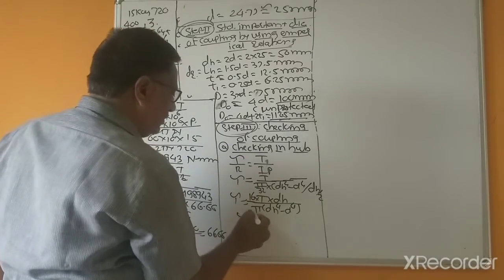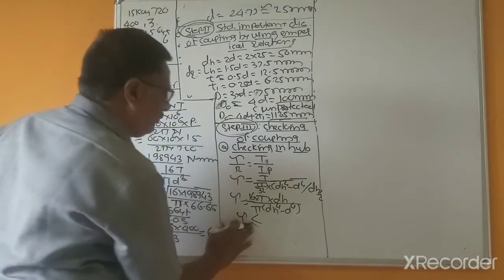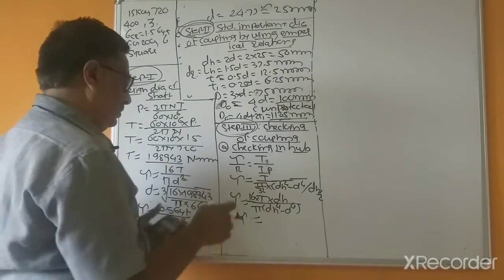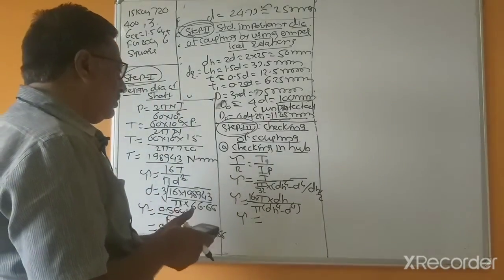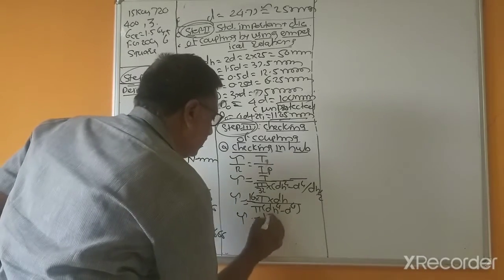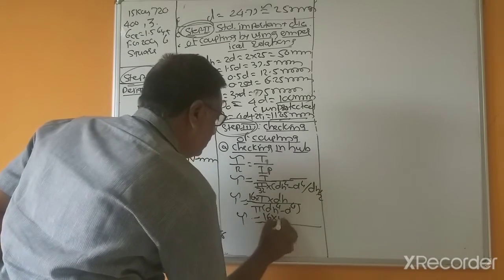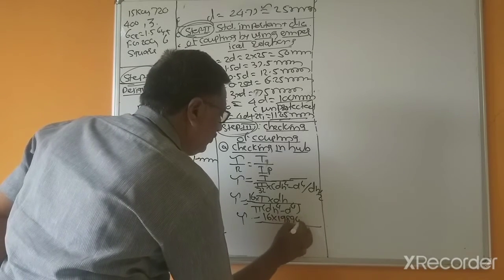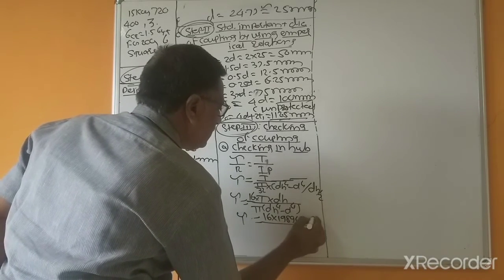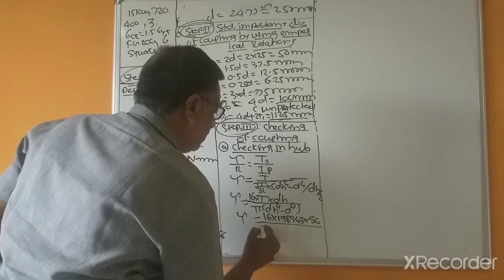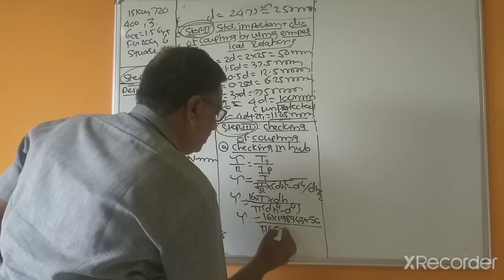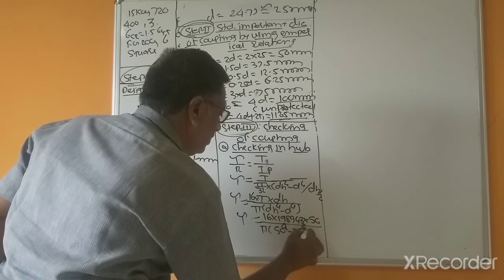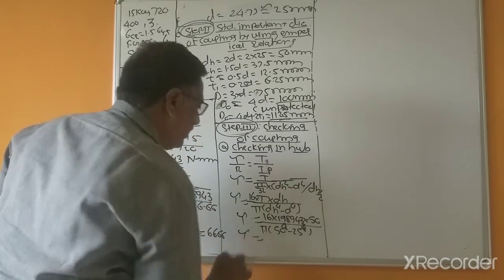So first I will calculate this. By putting 16 into 198943 into 50, divided by pi into 50 raised to 4 minus 25 raised to 4. Directly I am calculating.